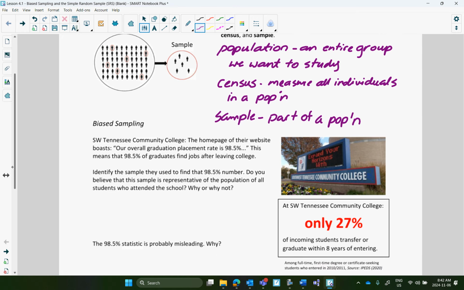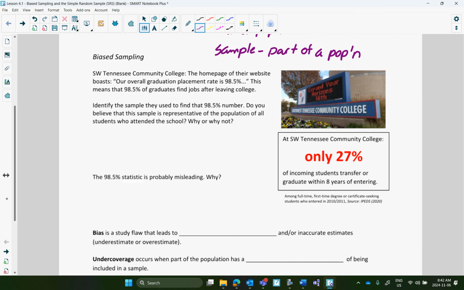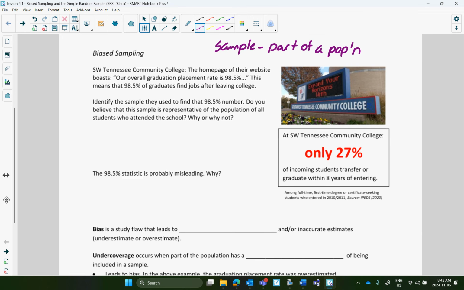When you take a sample, flaws can happen, errors can happen, because remember, if we're going to take a sample of the population, we want that sample to be representative, as close to the population as possible. Okay?